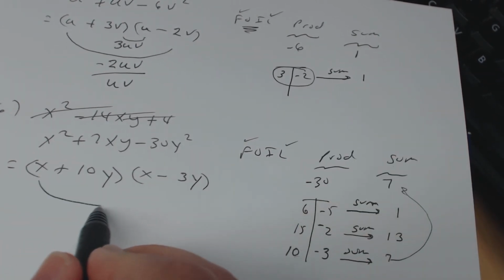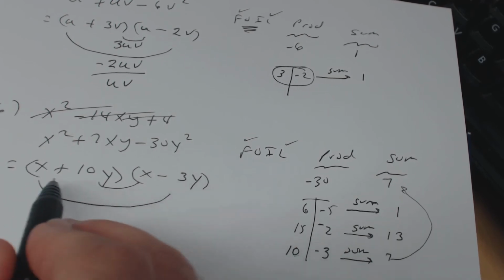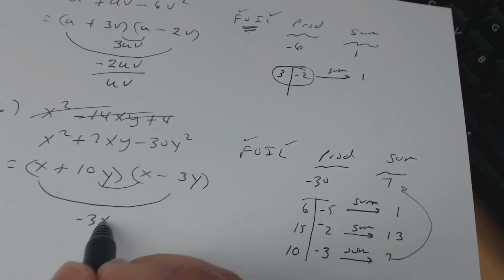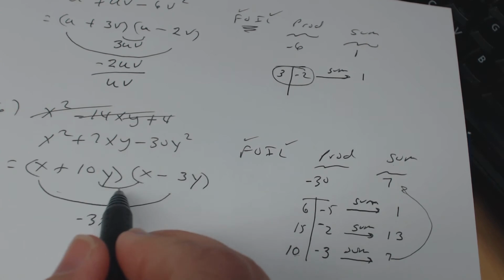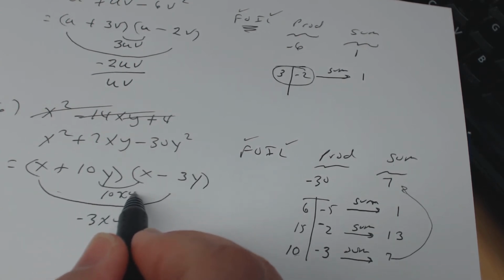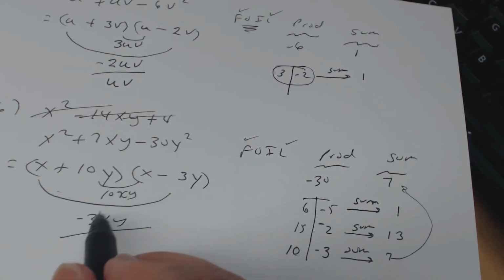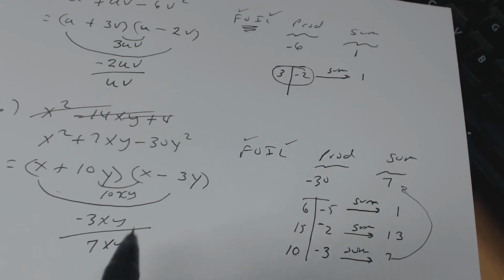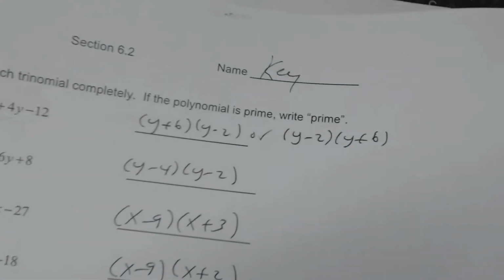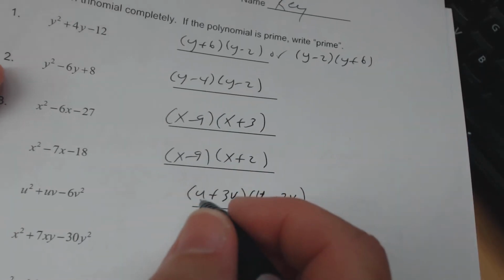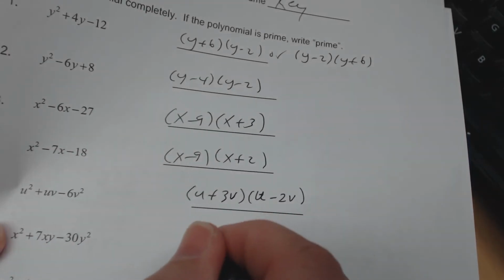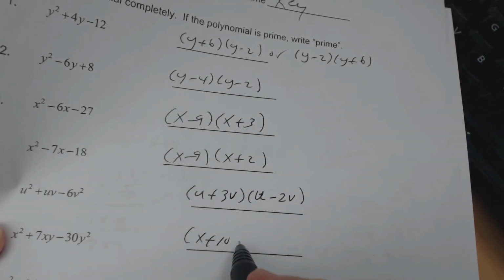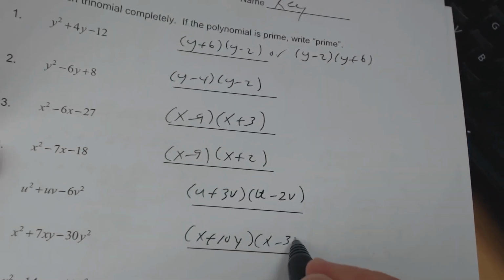And then finally, the outer and the inner. x times a negative 3y is a negative 3xy. 10y times x is a positive 10xy. When I combine like terms, 10 and a negative 3, I get 7xy, which is what I wanted. So that's the answer to number 6: x plus 10y times x minus 3y.